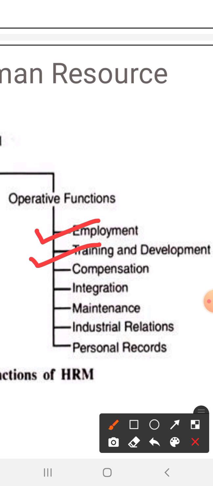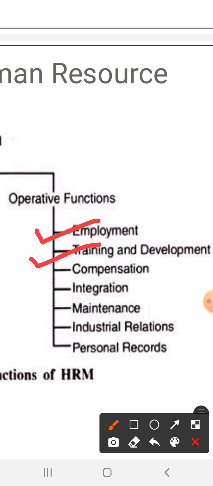They must know what they have to do, right? So training is a very essential part. Development includes designing different programs and activities so that employees are able to achieve their goals easily.